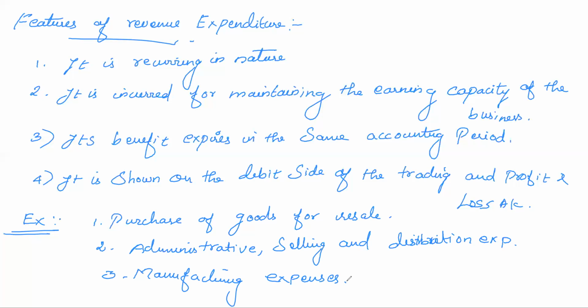Next, let us see what deferred revenue expenditure is. Deferred revenue expenditure is an expenditure which is revenue expenditure in nature, the benefit of which is to be derived over a subsequent period or periods.